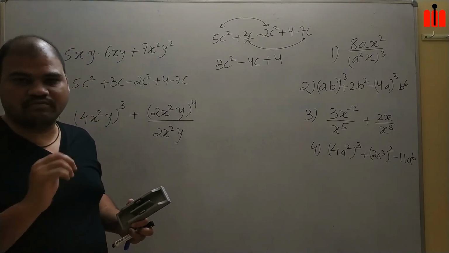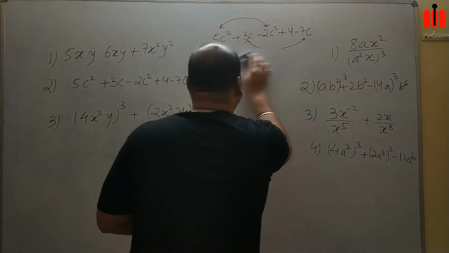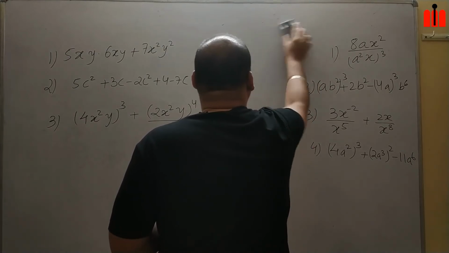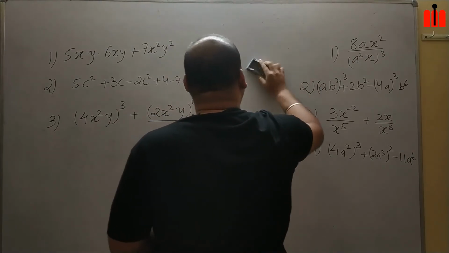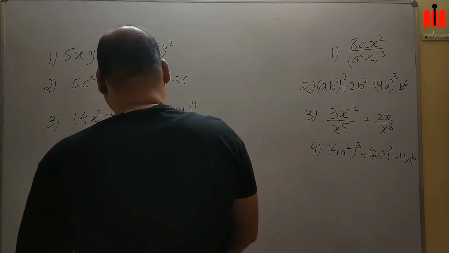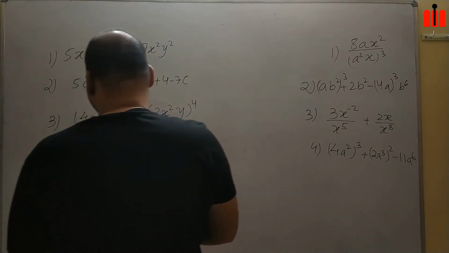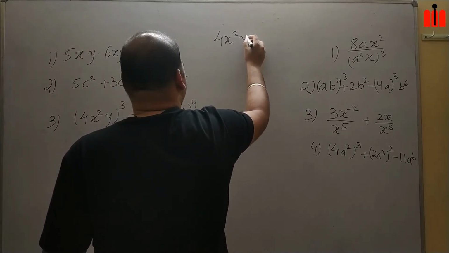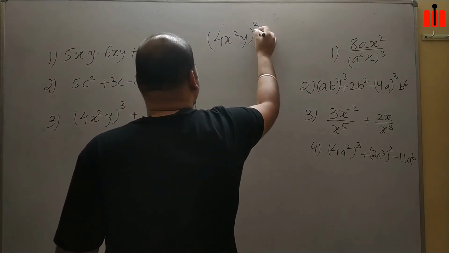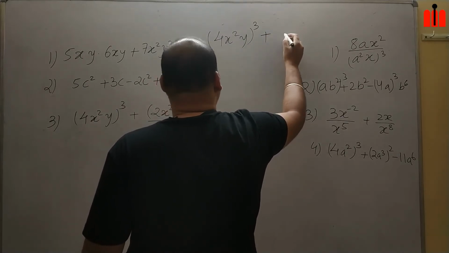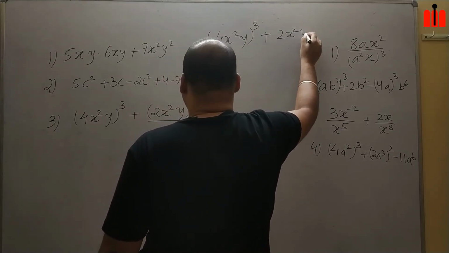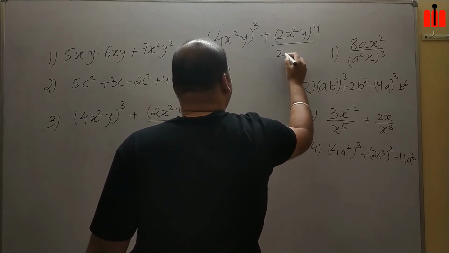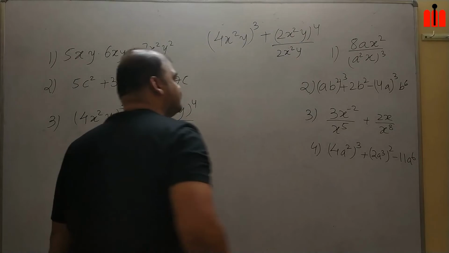Now let's move on to problem number 3. Problem number 3 says (4x square y) whole cube plus (2x square y) whole to the power of 4 divided by 2x square y.